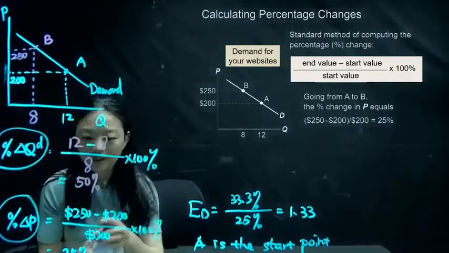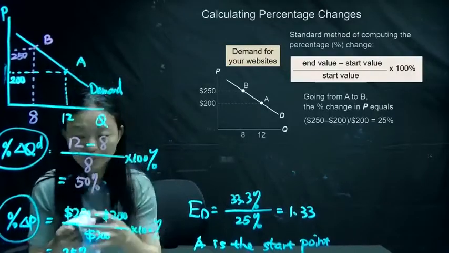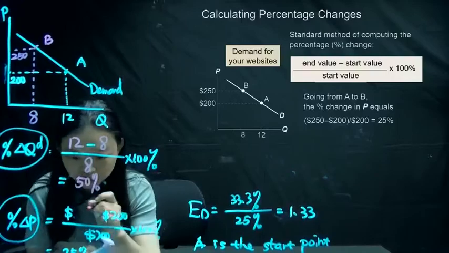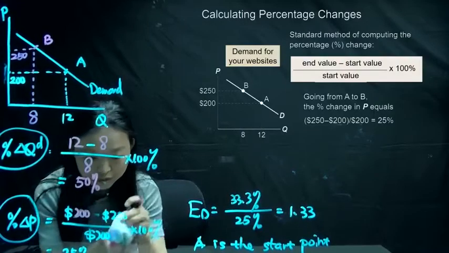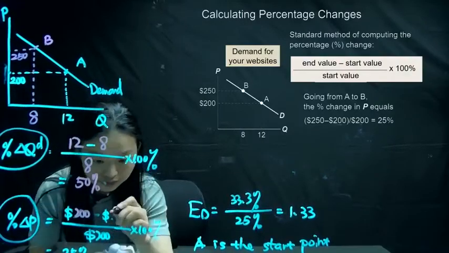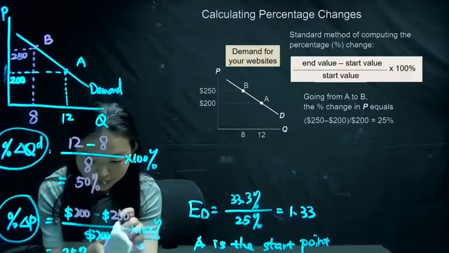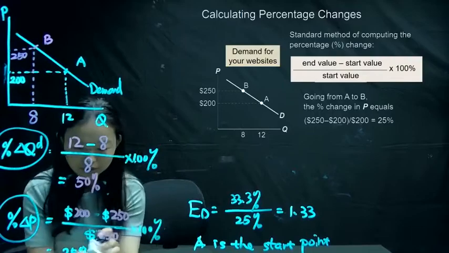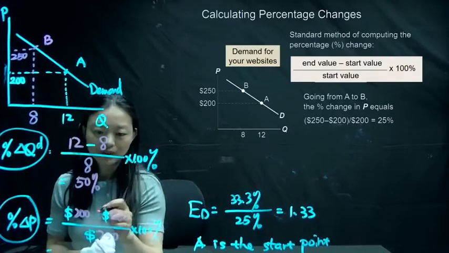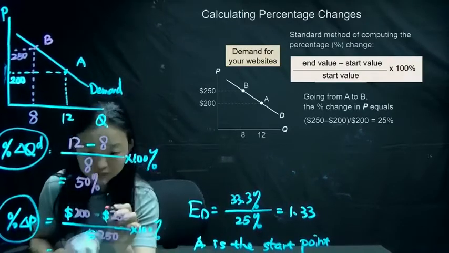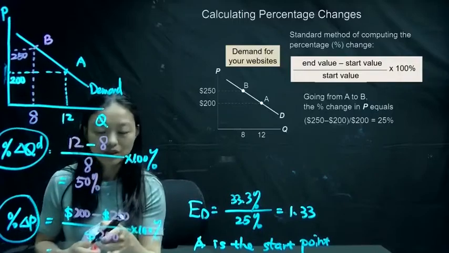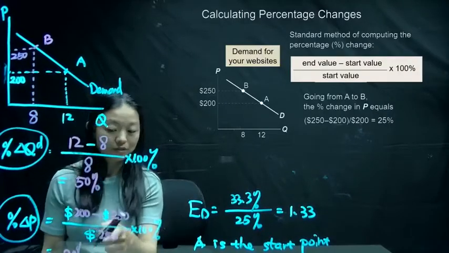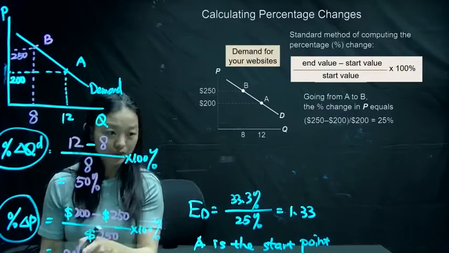And then here we use B as the start point, so we should change it to 200 subtract 250, divide 250. This gives us 50 divided by 250, which will be equal to 20%.